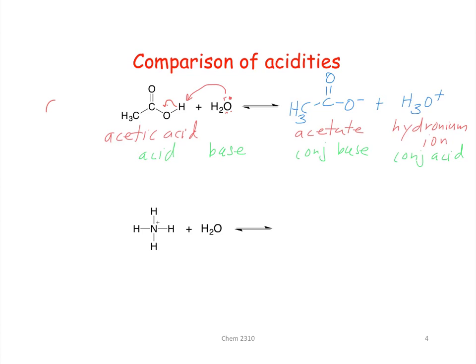Okay, so these types of arrows show the movement of electron pairs. And if we put in the non-bonding electrons that were already here, we can then fill in the non-bonding electrons over on our product side.